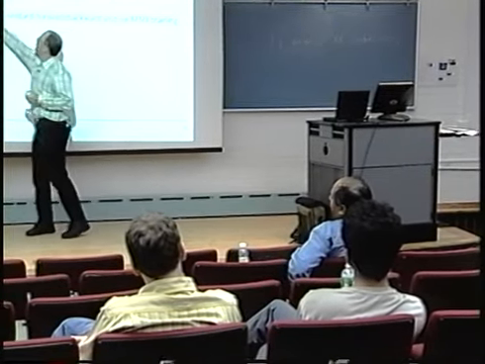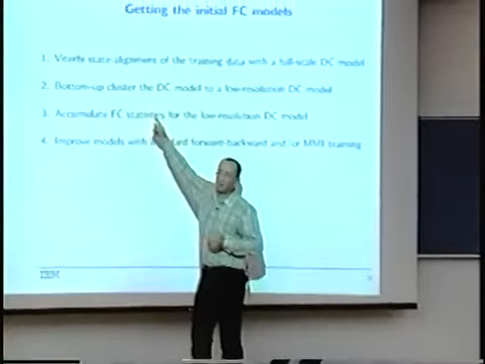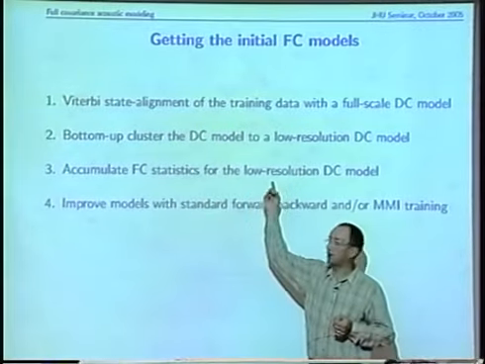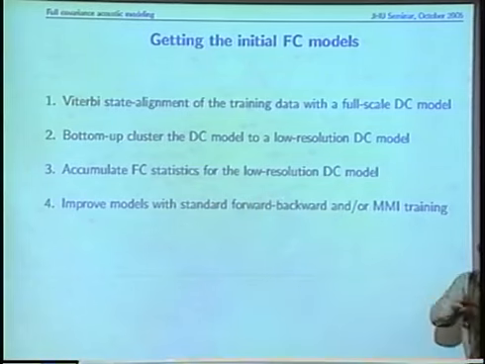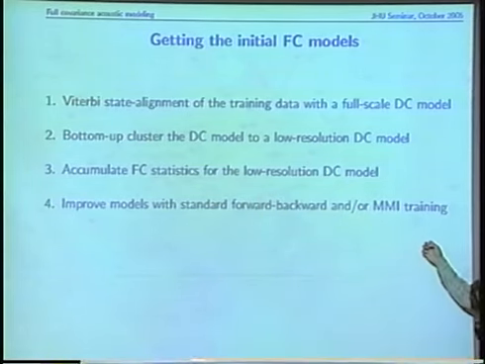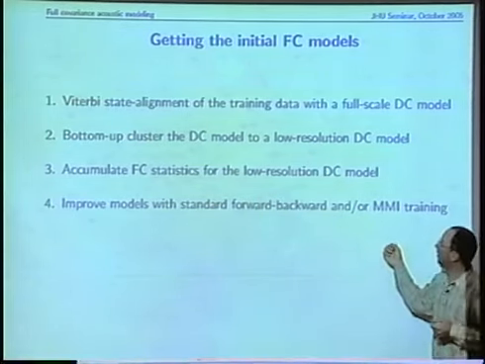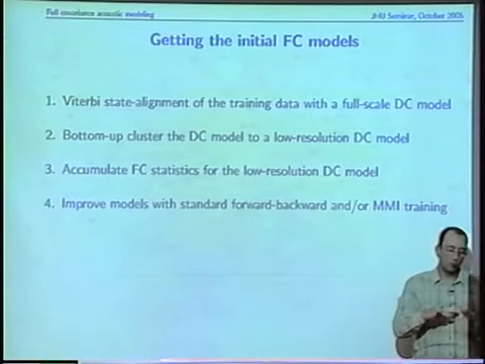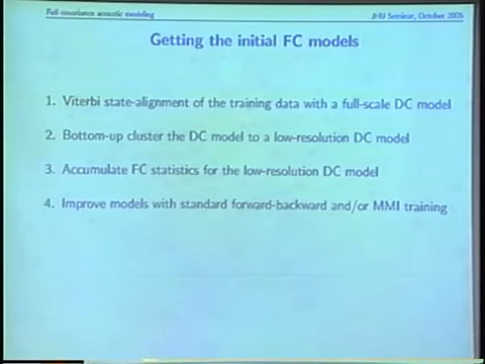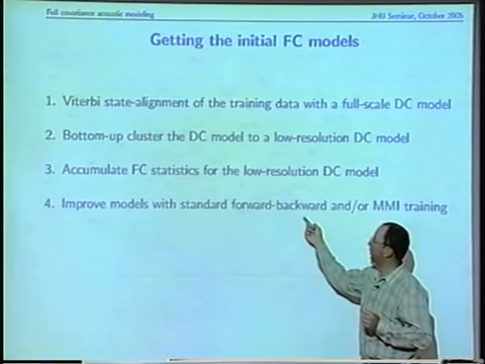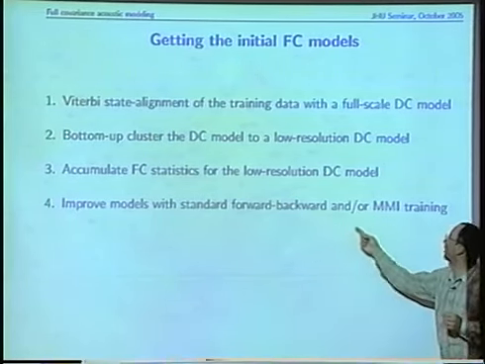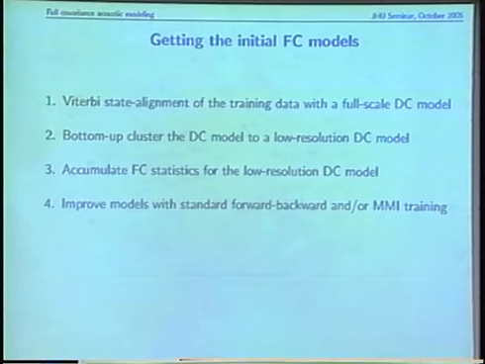Then, based on the fixed alignment provided by the higher resolution system, we accumulated full covariance statistics for each of the individual low resolution diagonal covariance mixtures. So now you get a full covariance seed model. And then we refined the training of that model by doing standard forward-backward and MMI training.